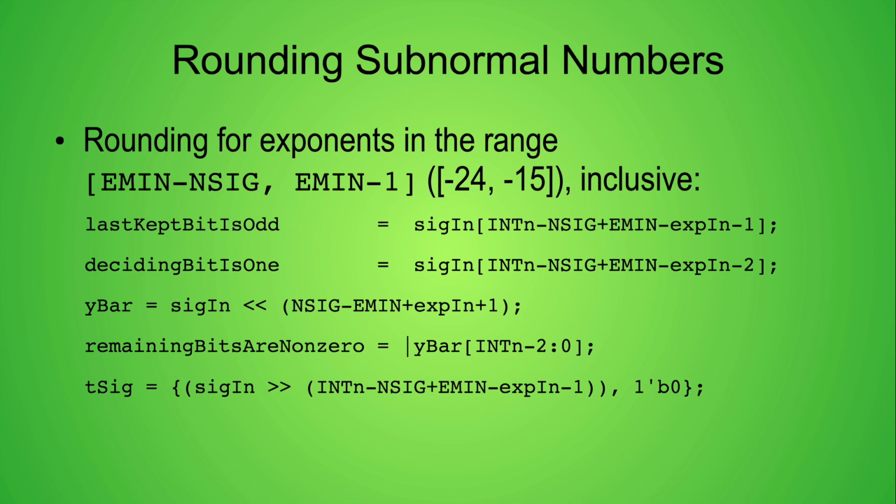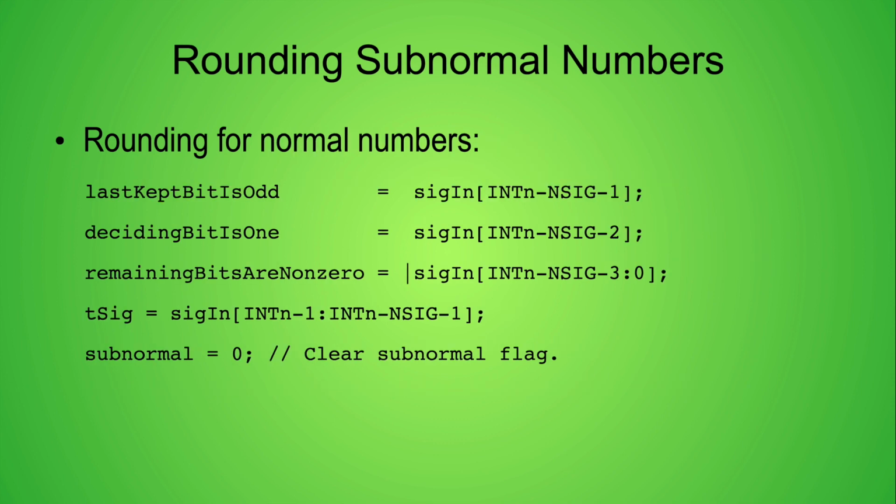For subnormal exponents in the range -24 to -15, all of the values last kept bit is odd, deciding bit is 1, remaining bits are non-zero, and tsig are dynamic. This is our last case, rounding normal numbers.